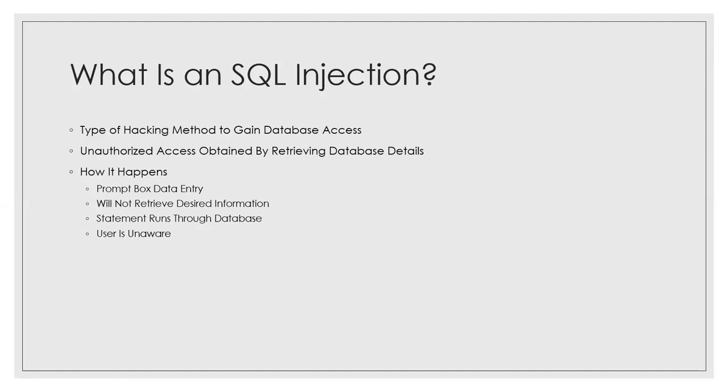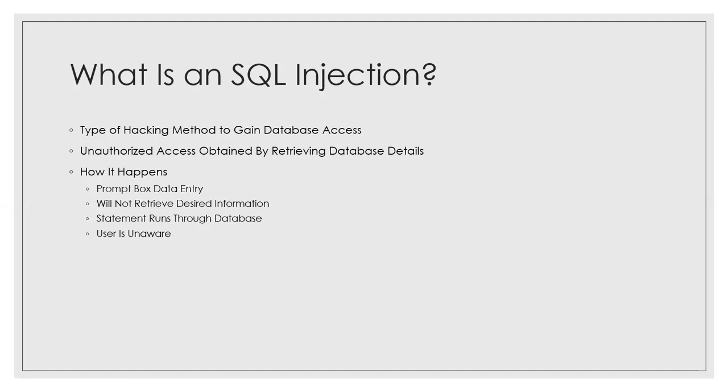So unauthorized access is obtained by retrieving database details, and I'll show you in a minute with an example how that can happen. So here's what tends to happen. There's a prompt box that prompts you for certain data entry, okay?